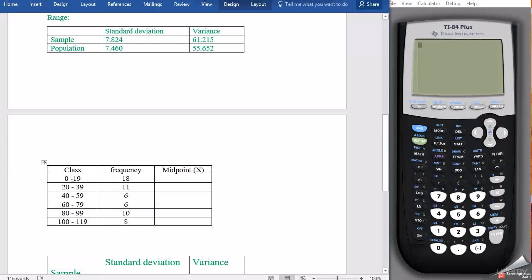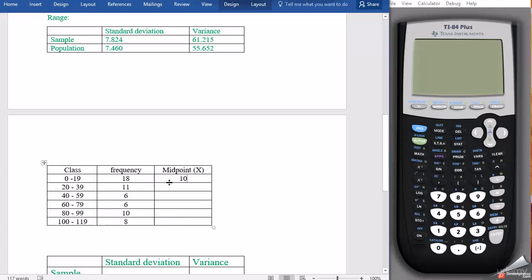To compute the midpoint, we add the two consecutive lower boundaries, the first and second class. The lower boundary for the first class is 0, and the lower boundary for the second class is 20. So we add them and divide by 2. So 0 plus 20 is 20, divided by 2 is 10.